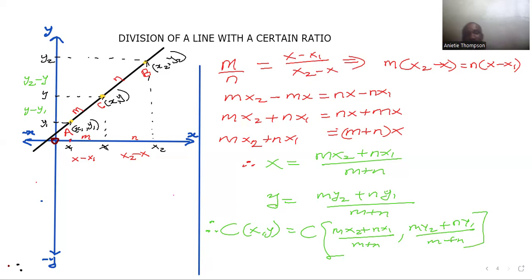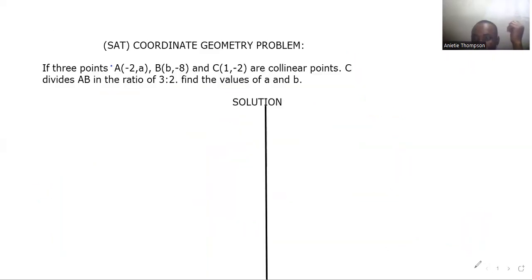Okay, so this is the formula we will use to solve the problem that we have on the first page.